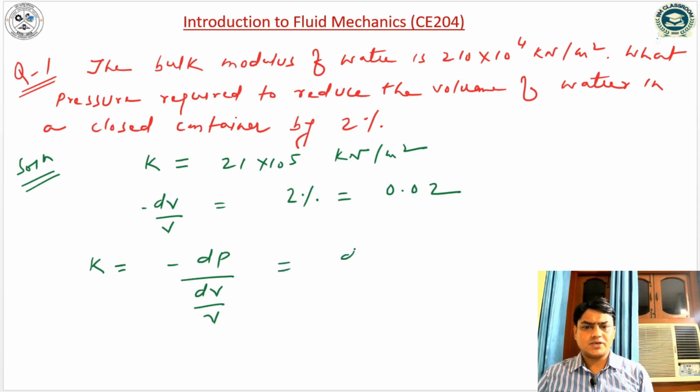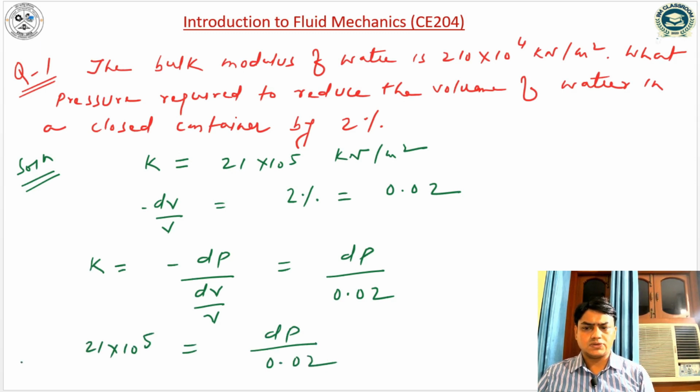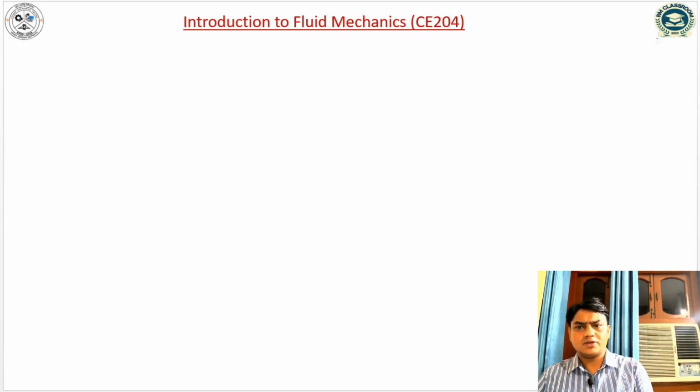So here we can write dP divided by 0.02, and the bulk modulus 21 into 10 to the power 5 is equal to change in pressure divided by 0.02. So if I write the value of dP, it will be 21 into 10 to the power 5 into 0.02.